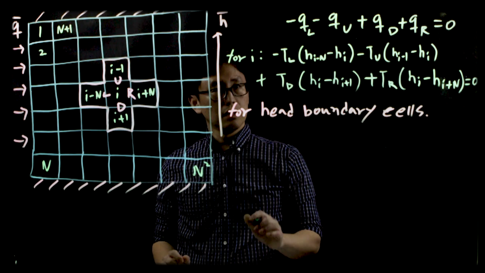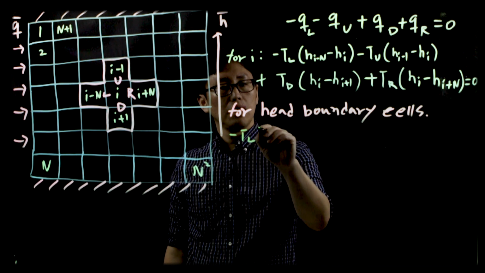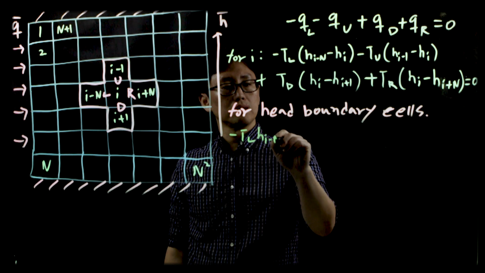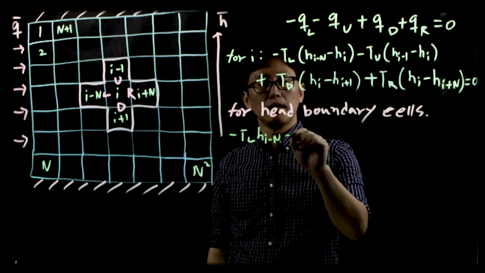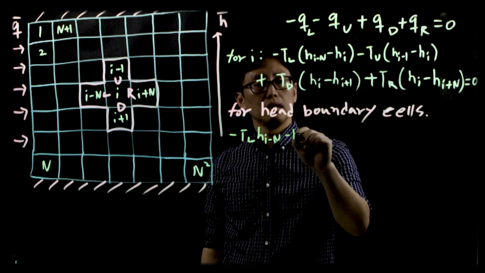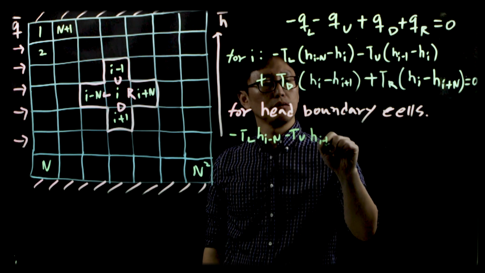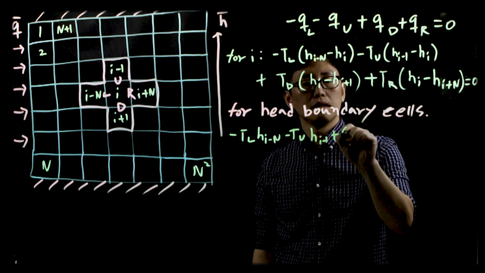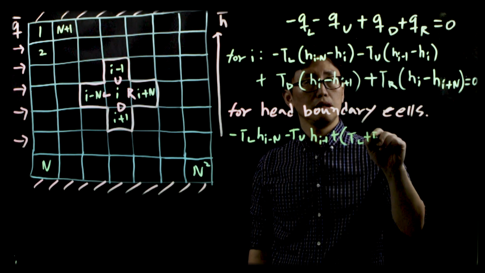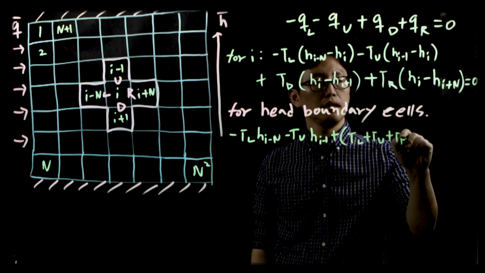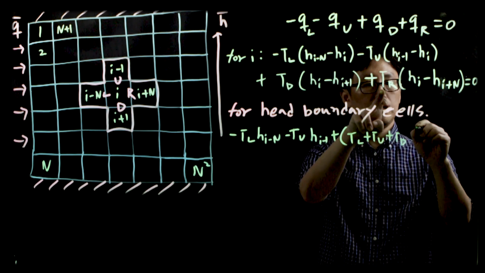So we can have minus TL H(i-n), minus TU H(i-1), plus TL plus TU plus TD plus TL, right?